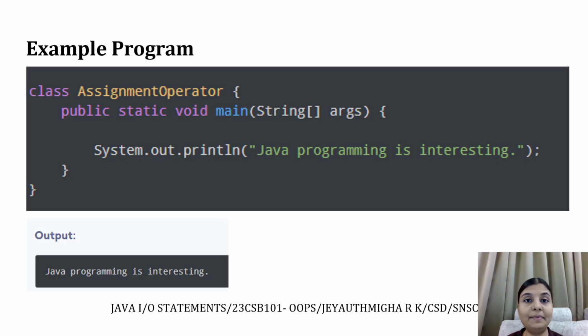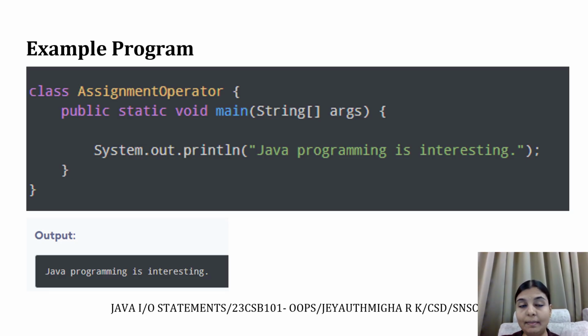And we have a simple program explaining the output function. Here we have a class name, and we have the main function and System.out.println, which is the output function, which will print something that we give inside the double quotes.